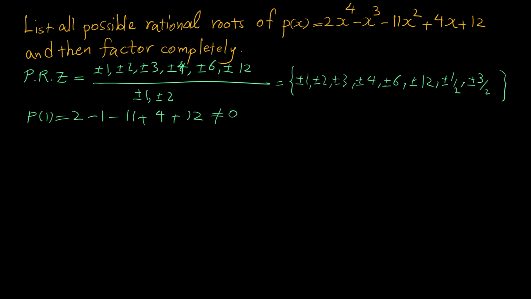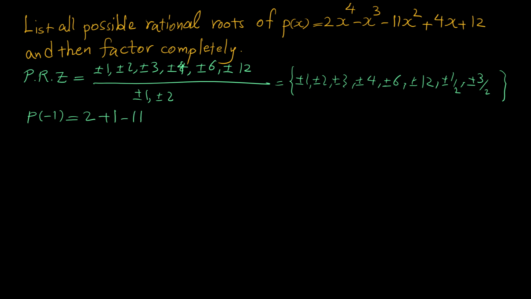So immediately we check for negative 1. If we plug in negative 1, then it would be 2 times negative 1 to the 4, which is 2. Minus negative 1 to the 3 is plus 1. Minus 11 times negative 1 to the 2, which is 1 times negative 11, is negative 11.